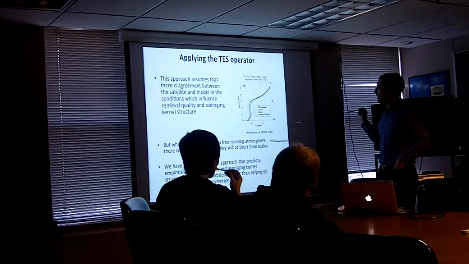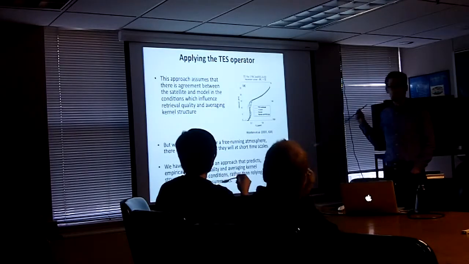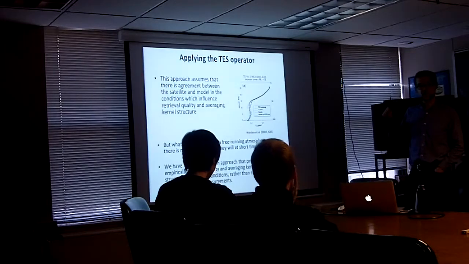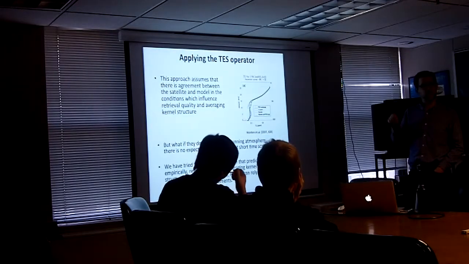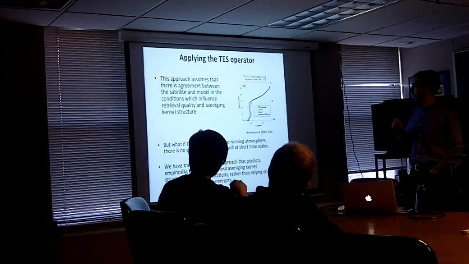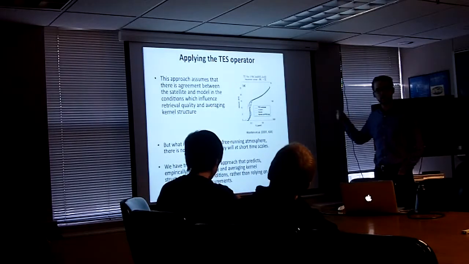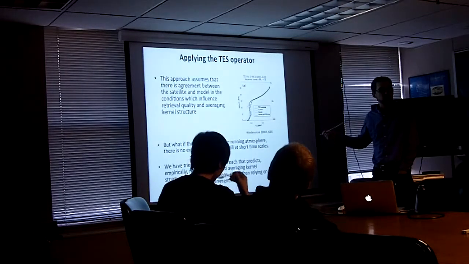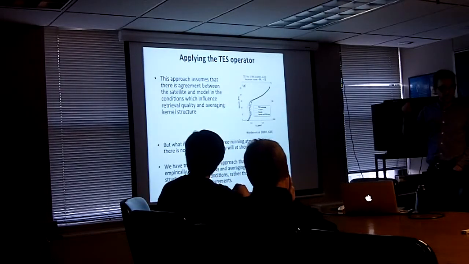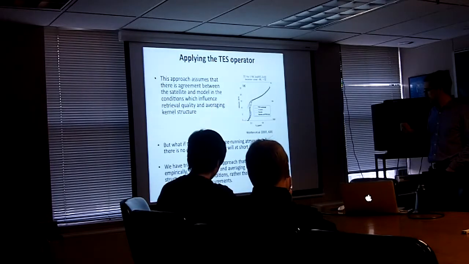But if they don't, which would be the case for a fully free-running atmosphere, there's no expectation that the cloud fields, for example, would agree between the satellite and the model. And so by just using collocation like that, you're very likely to be throwing out the wrong model profiles and using the wrong averaging kernels, which defeats the purpose of applying the operator in the first place.